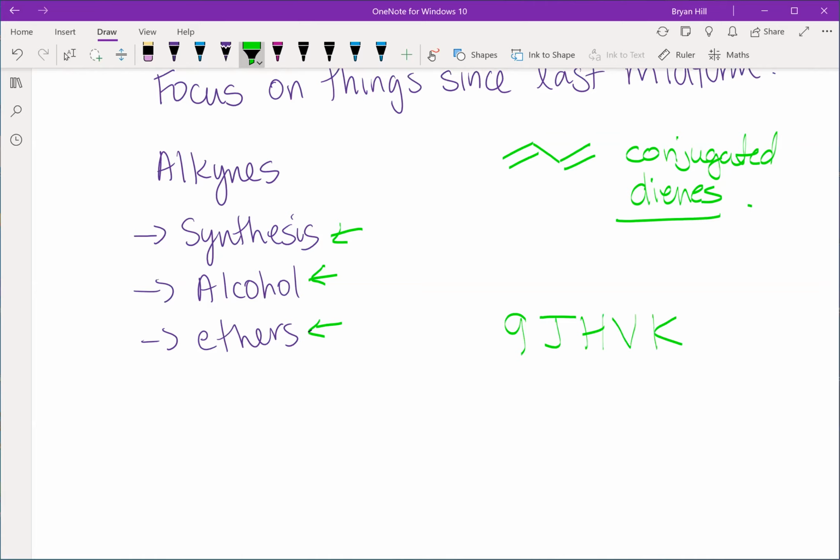This is the code for the practice test: 9JHVK. Okay, so that's what's to start that, and I guess that's how the test will work. I'll have to give out a code before it starts.